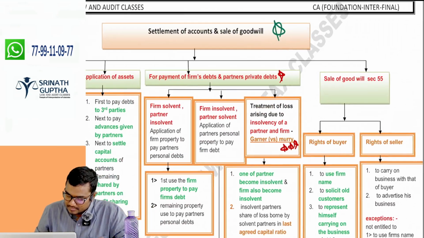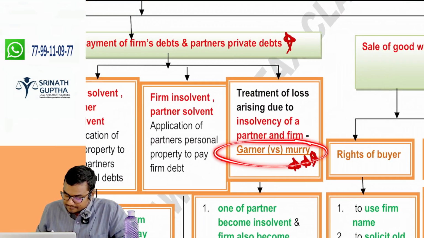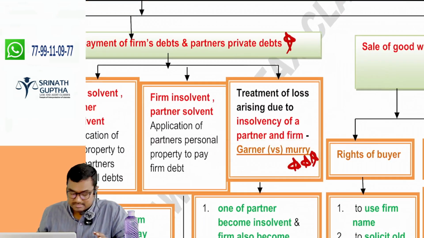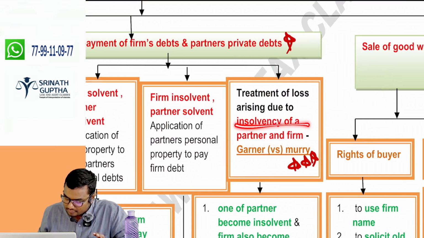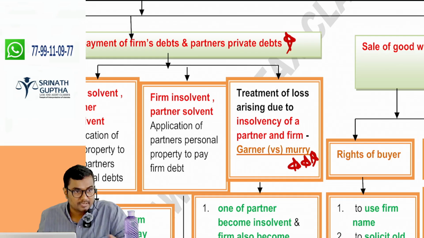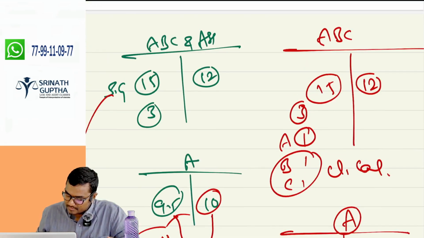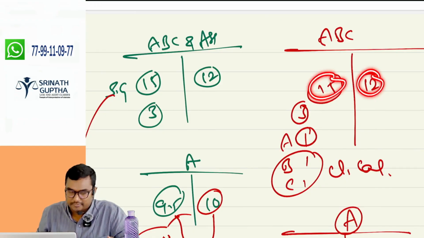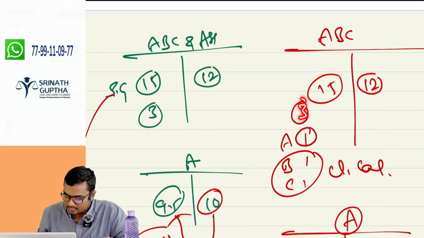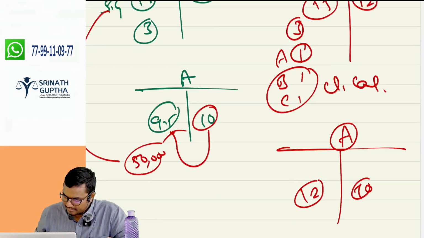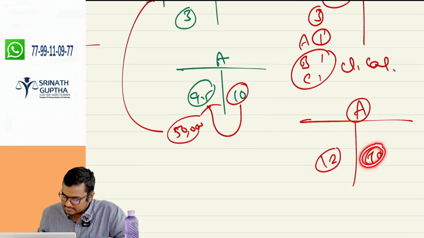Third one, Garner versus Murray case law. In this case, it was decided where the partner is insolvent and the firm is also insolvent. So here, firm assets 12 lakhs, liabilities 15 lakhs. Extra liability for the firm 3 lakhs. Out of that, A 1 lakh, B 1 lakh, C 1 lakh. But if you go to A, A's assets 10, liabilities 12.